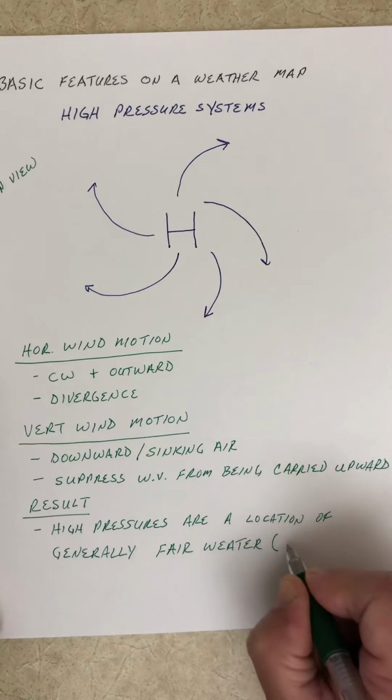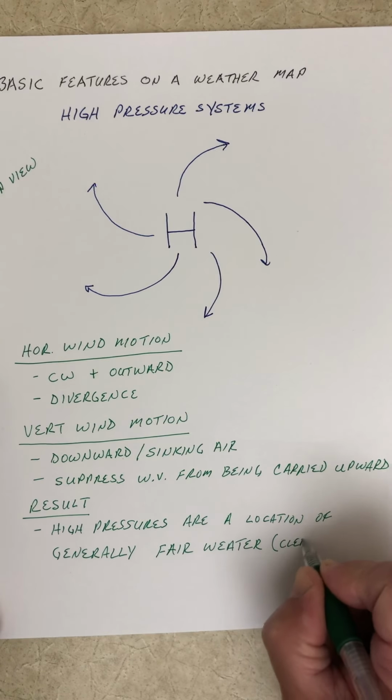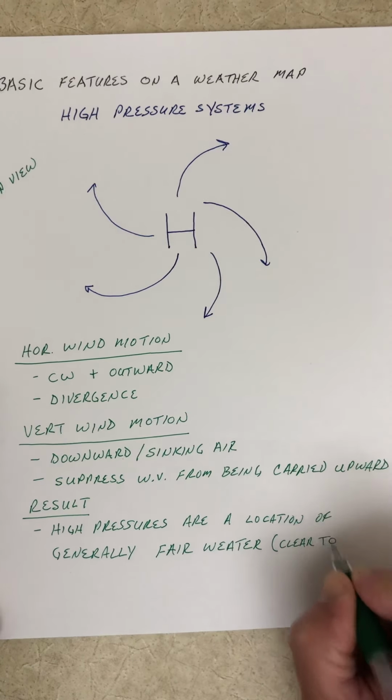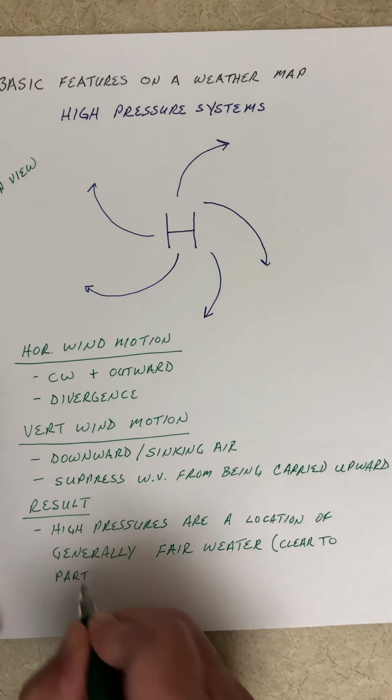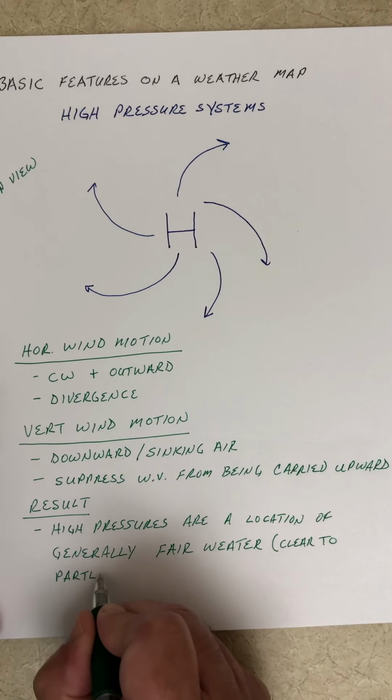And by that, clear to maybe partly cloudy skies. Again, this is very typical of a high pressure. It's not an absolute though.